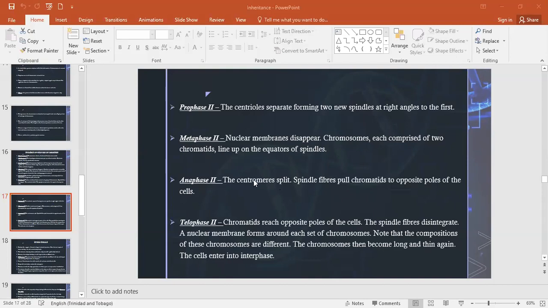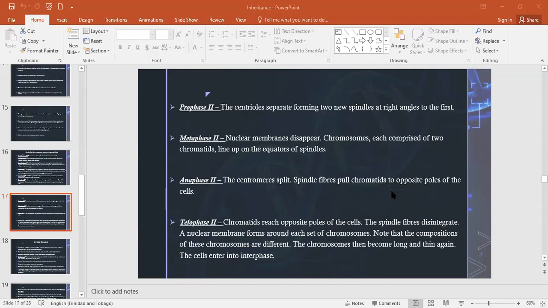So at anaphase, when the centromere splits and the spindle fibers pull the chromatids to opposite poles of the cell, that is where it will pull apart the 46 chromosomes, and you will get 23 and 23 on both cells, on all cells. So after that, at telophase 2, which is your final end stage, your chromatids reach opposite poles of the cell, your spindle fibers disintegrate, your nuclear membrane forms again, all right?